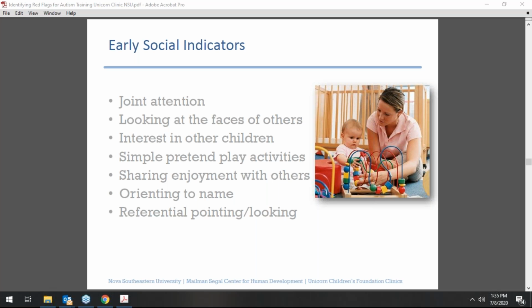Sometimes they might briefly look, but they don't make eye contact. This is something that we carefully look at. And of course, you might not see as much pointing as you would in a typically developing child. Those are some of the early social indicators.